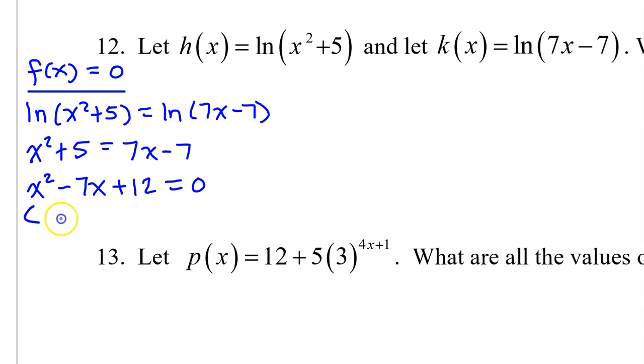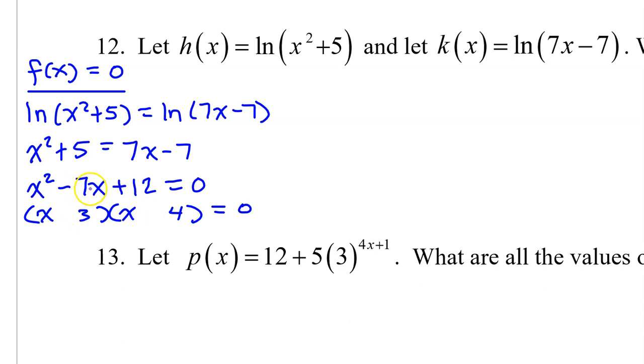I am hoping that this trinomial is factorable. X squared will factor as x times x. 12 will factor as 2 times 6, or 3 times 4, or 1 times 12. Looking at the middle, I'm going to go with 3 times 4.